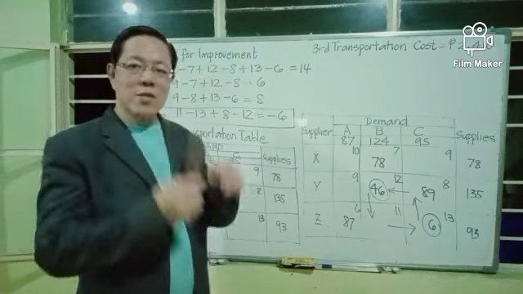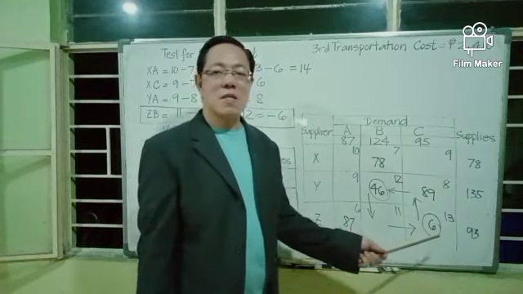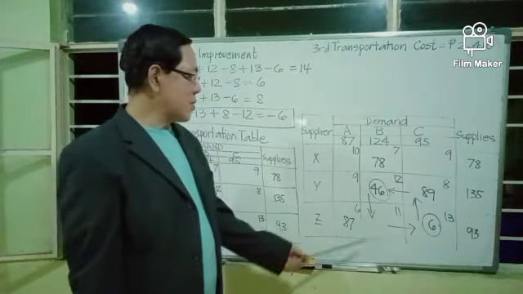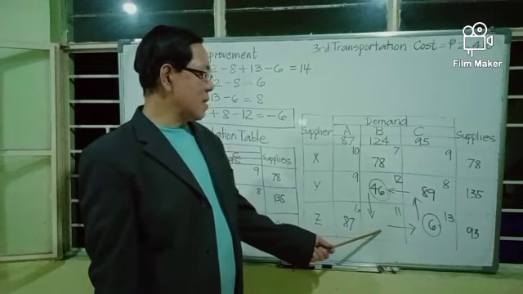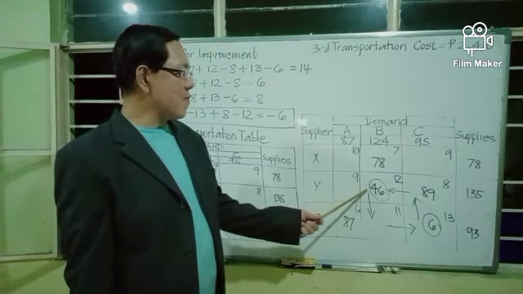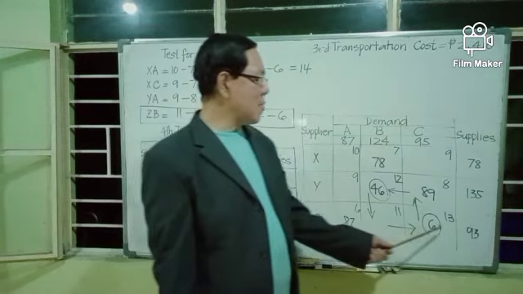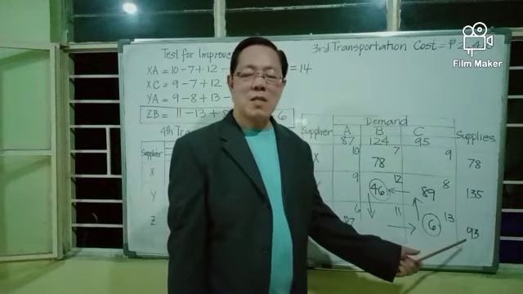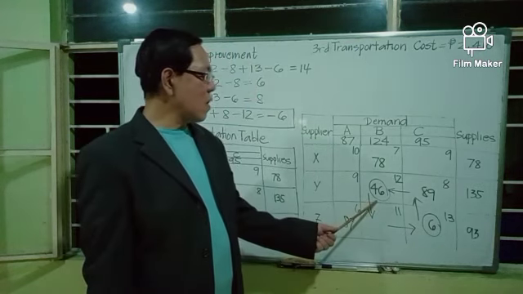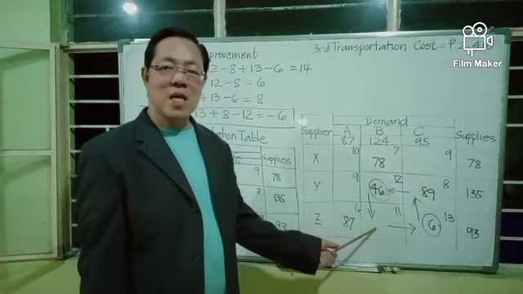Now, which of these two between 46 and 6 is to be transferred to this vacant cell CB? If you transfer 46 here, 46 plus 87 will be more than 93. Thus, we cannot transfer all of 46 to this vacant cell CB.